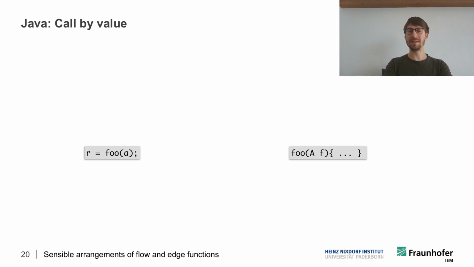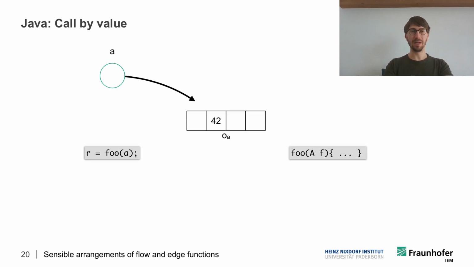The other case that Java distinguishes is when you do not have a primitive value here, but a reference value. So here a is a reference value that references some object, and in that object there is one field.